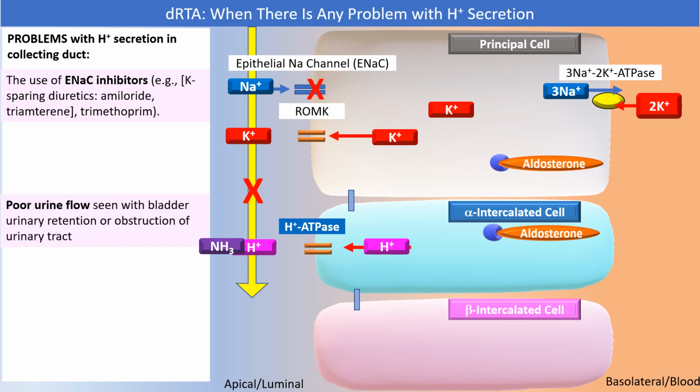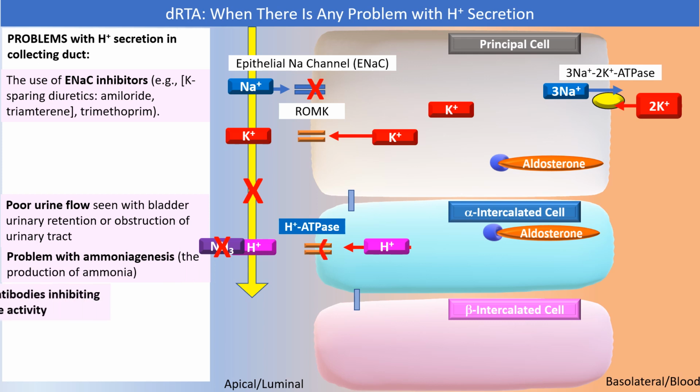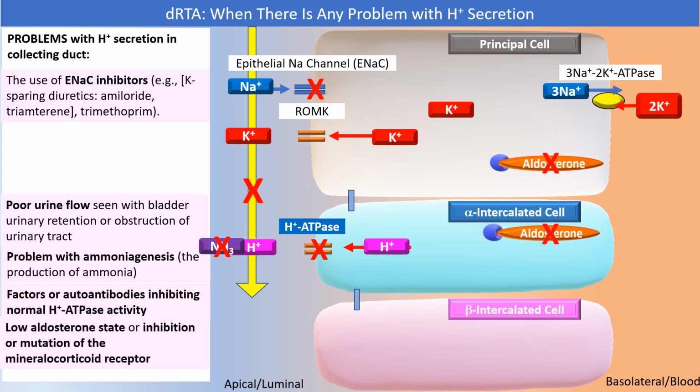Poor urine flow seen with bladder urinary retention or obstruction of the urinary tract. Problem with ammoniogenesis. Factors or autoantibodies inhibiting normal hydrogen ATPase activity. Low aldosterone state, or inhibition or mutation of the mineralocorticoid receptor.